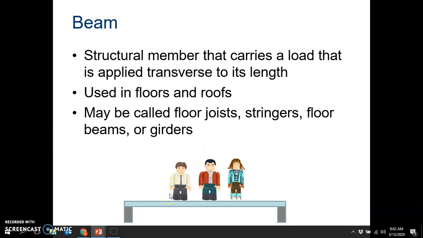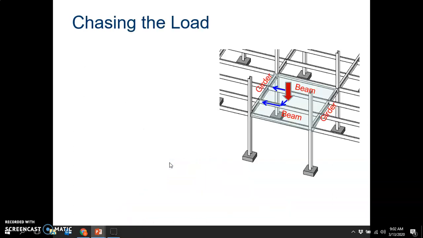Like I said in class, though, joists, beams, girders, and even columns, they're all types of beams. But when we say beam, we're going to mostly try to refer to members that are put horizontally, not vertically, and then people are standing on it, beams are resting on it. It's something that's horizontal that will carry load to the ends.